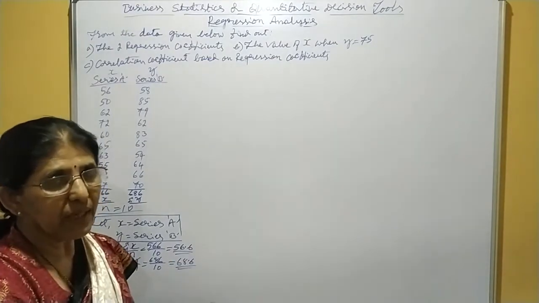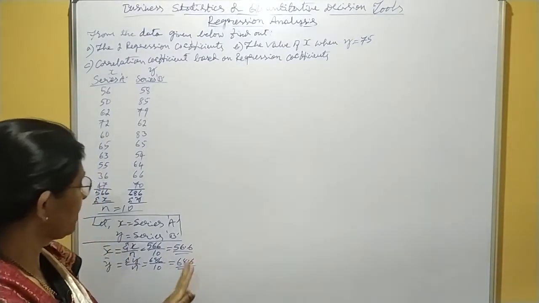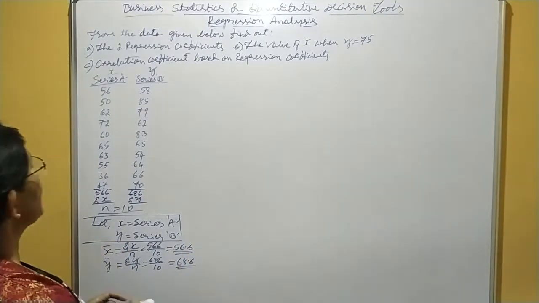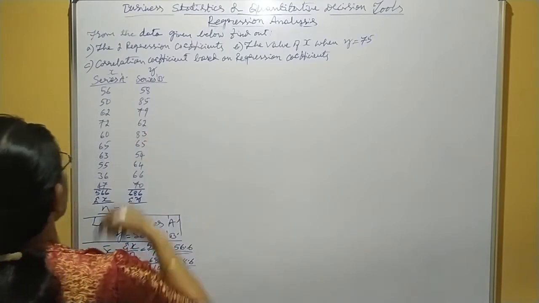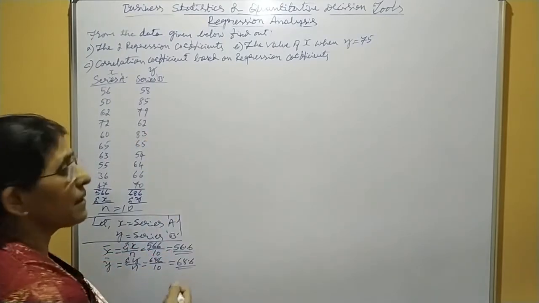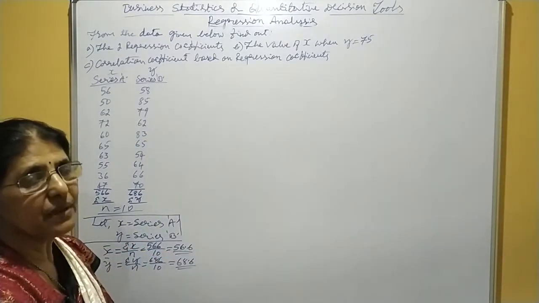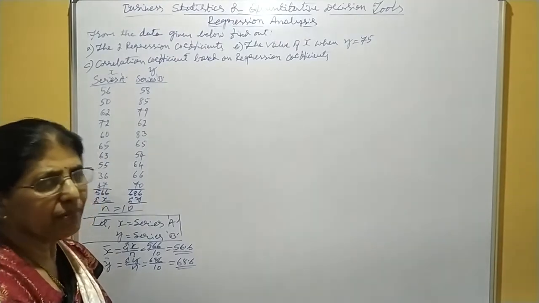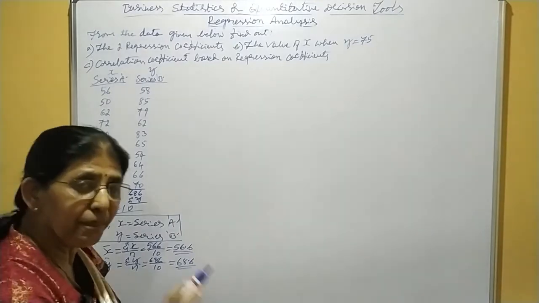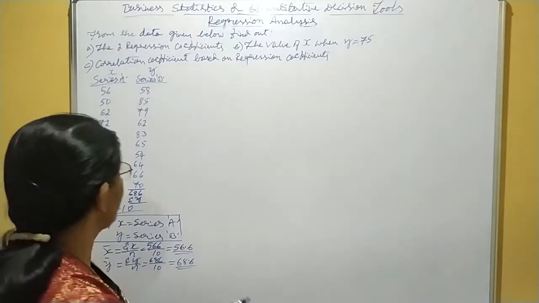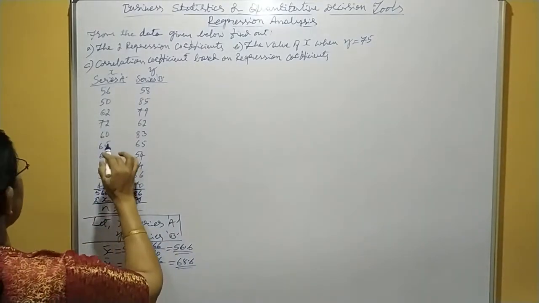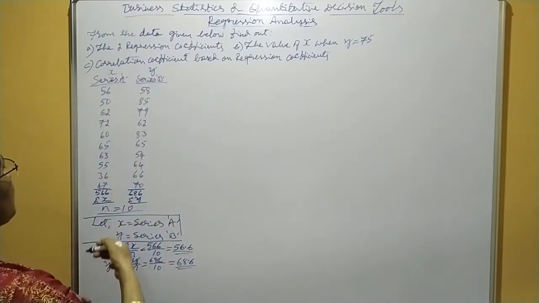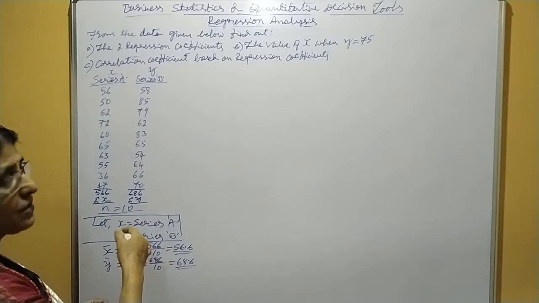Even if you take from arithmetic mean, doesn't matter, but only thing is calculation is little complicated. In that case, we may take from assumed mean. Usually that assumed mean we prefer the value in multiples of 5 or 10. If it is not available, you may take any value. Here we prefer, it is not compulsory. Also you see it should not be too high, or means the highest value or lowest value.